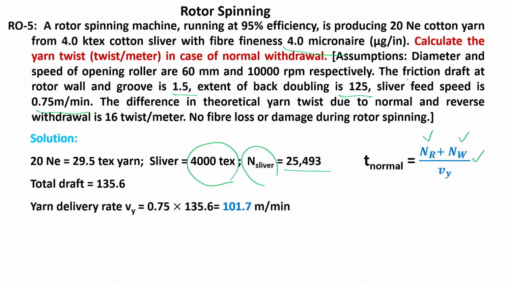So, yarn tex is given and sliver tex is given, from there we can calculate the total draft.